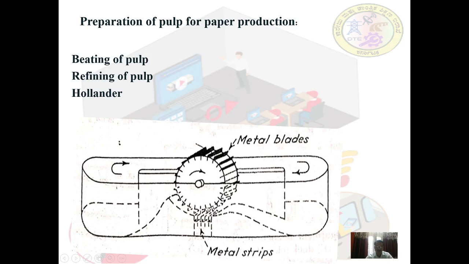It consists of a roll equipped with knives and bars. When pulp is fed into the beater, the pulp is forced through these beaters and the revolving roll and bed plate.